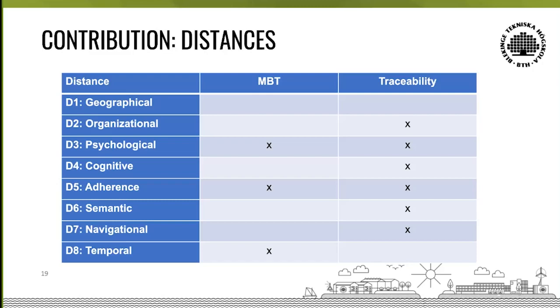As for cognitive distance, it's similar to the psychological distance, but in cognitive distance we make sure that even if we have different knowledge of the domain, we can still communicate through this taxonomy. It adds a bit of semantics to these trace links.